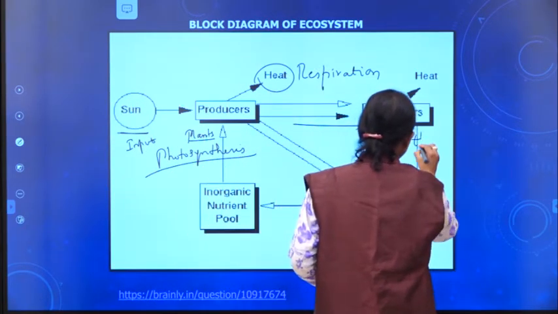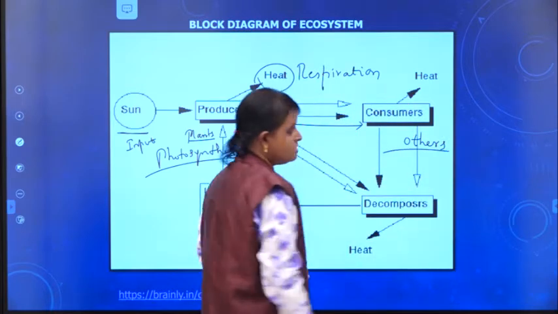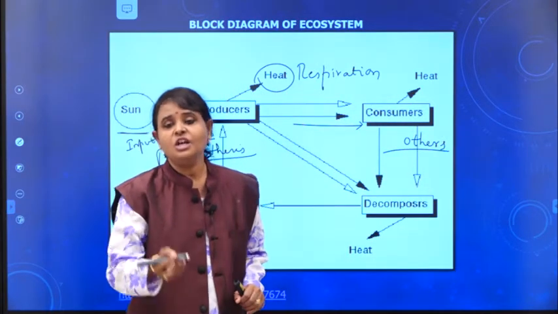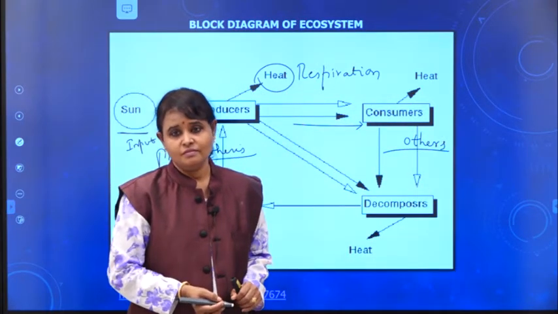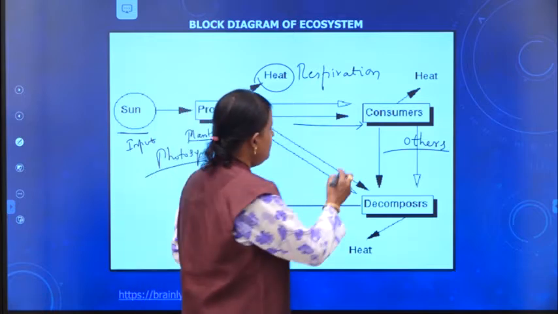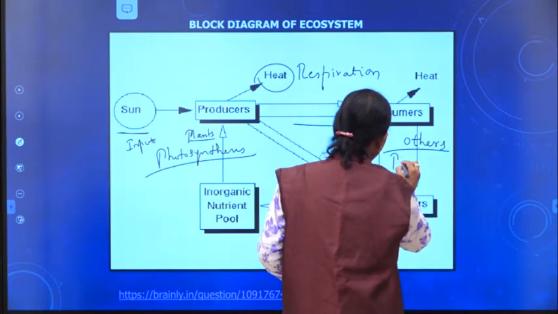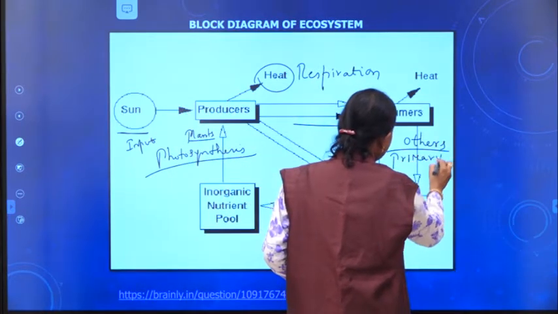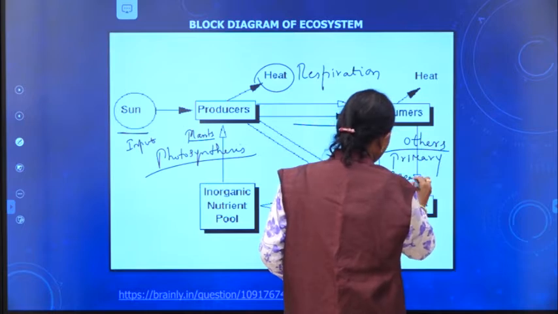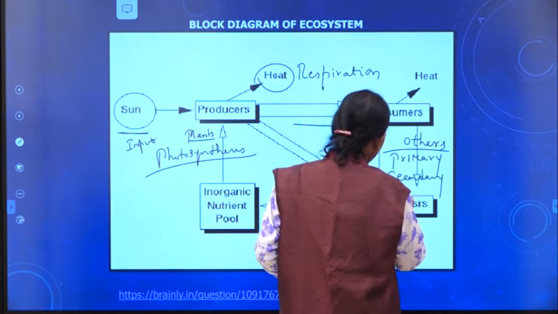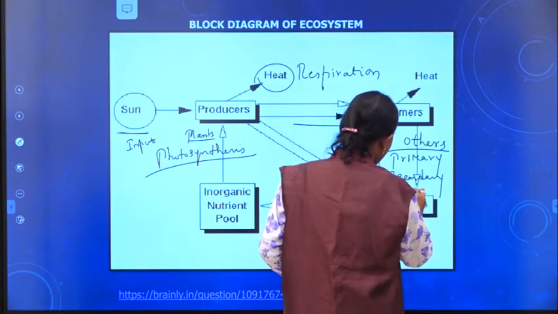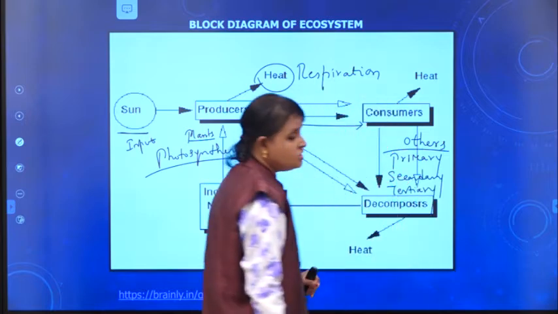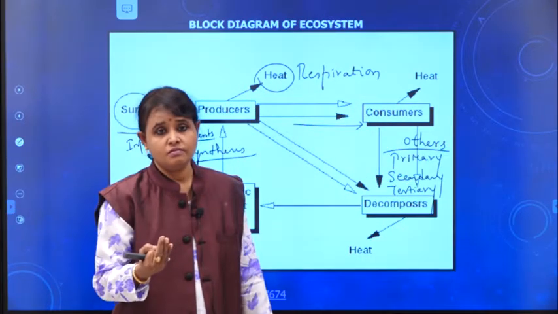Consumers means which depends on others. That we call it as heterotrophs. Right? So now here these consumers are classified into three types. Primary consumer, secondary consumer and tertiary consumer. Three types.